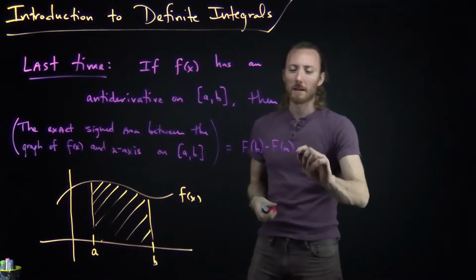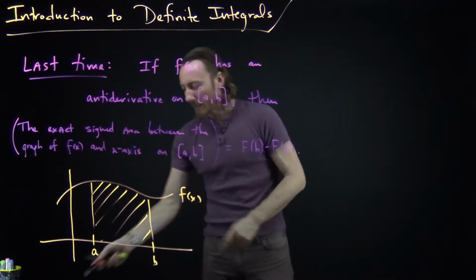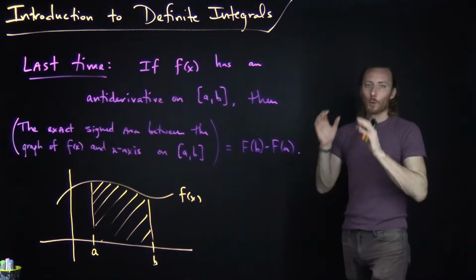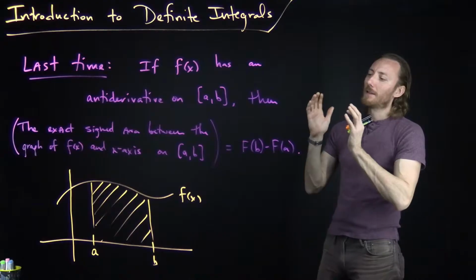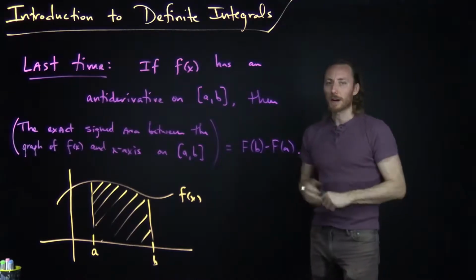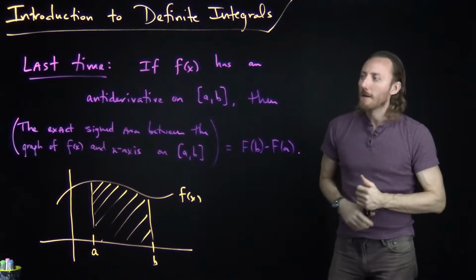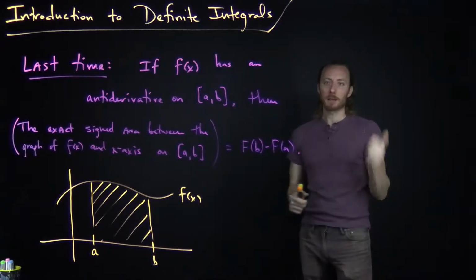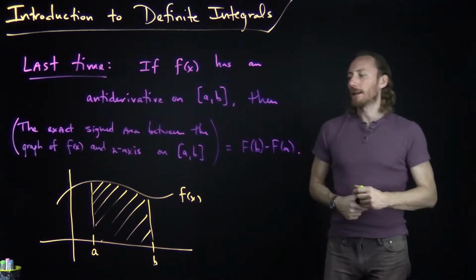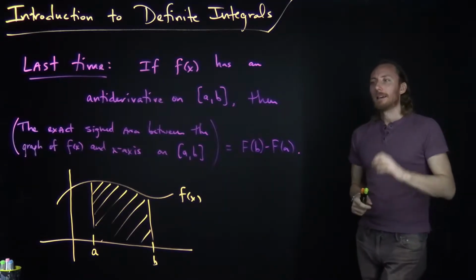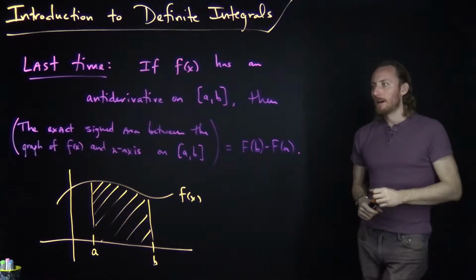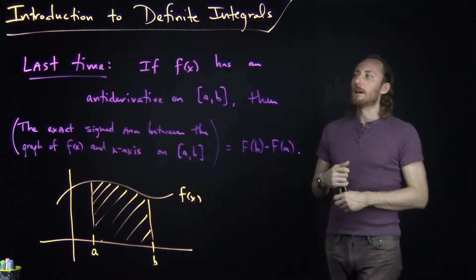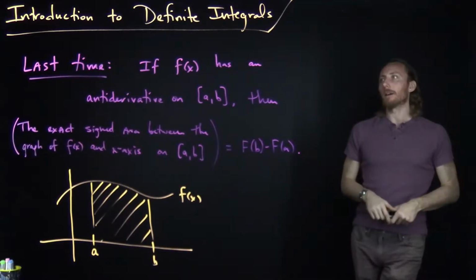But ultimately, the result was quite significant because we were approximating the area between a function's graph and the horizontal axis, and using the mean value theorem and ultimately a limit as n goes to infinity, where n is the number of rectangles, we got an error-free estimate for the signed area between a function's graph and the horizontal axis, an exact signed area, if you will.